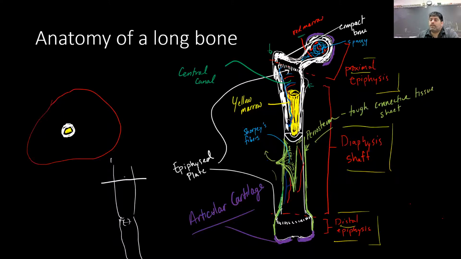If you've ever had what they call a bone bruise, or a contusion of the bone, one of the things that can happen is that an injury to the bone can lead to bleeding between the bone and the periosteum.